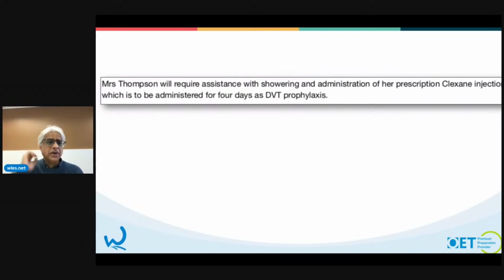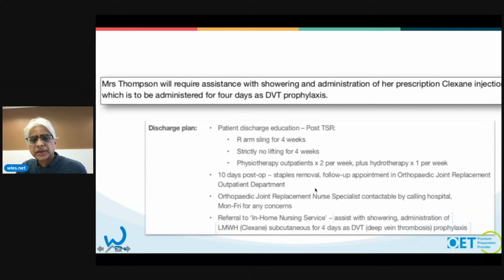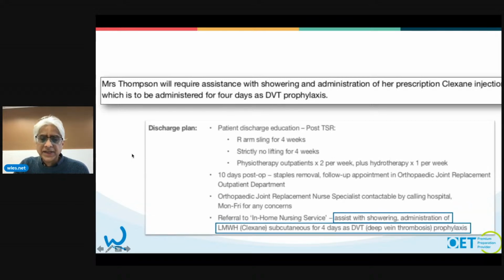Okay, and if we keep going, Mrs. Thompson will require assistance with showering and administration of her prescription Clexane injection, which is to be administered for 4 days as DVT prophylaxis. These are the case notes where it was taken from. Again, you've had to add a verb. They've given assist, they've changed it, will require assistance.